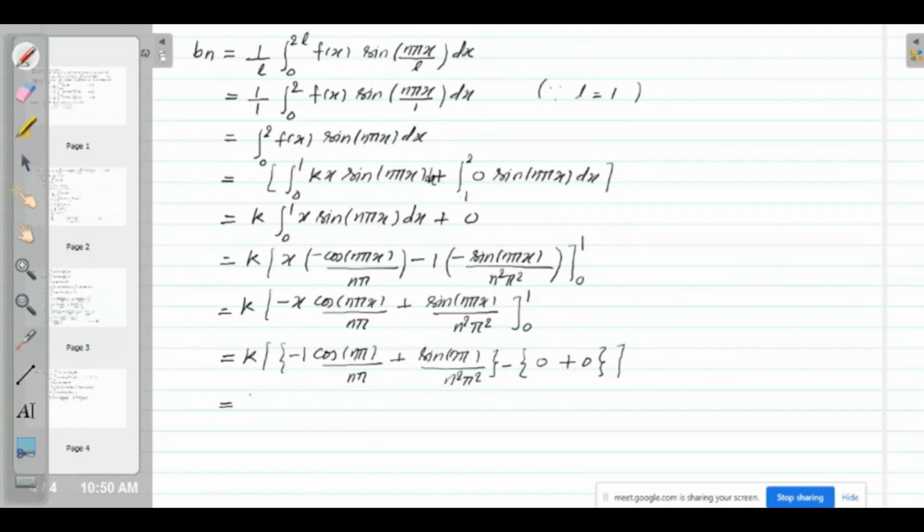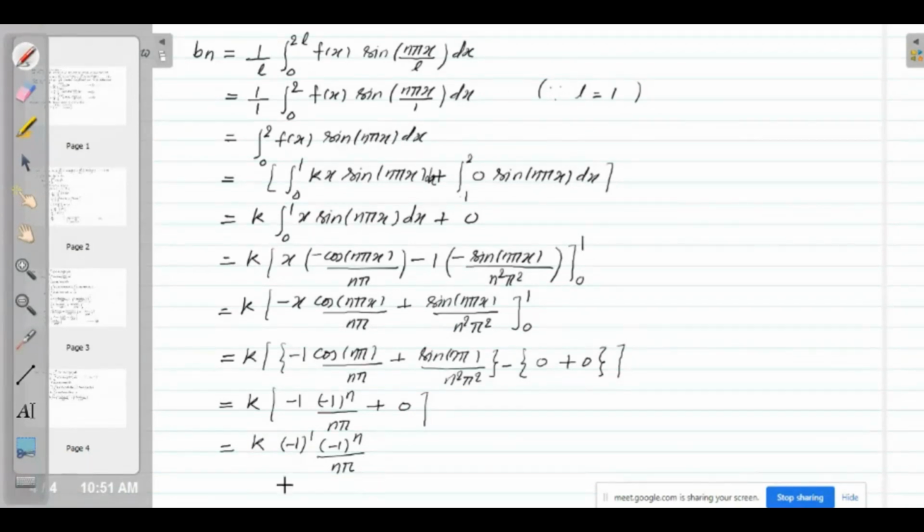So this is equal to k times minus 1, and cos n pi is minus 1, but here this is the general term, so we write minus 1 raised to n divided by n pi, and plus sine n pi is 0, and everything else is 0 over here, so this becomes k times of, see here, this can be written as minus 1 raised to 1, and into minus 1 raised to n divided by n pi.